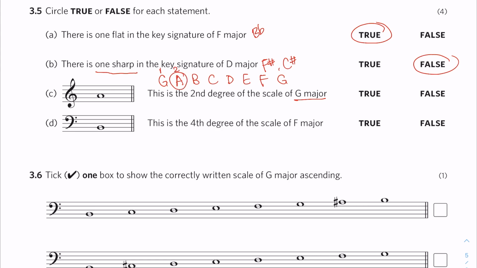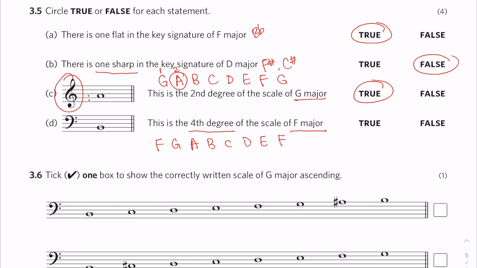The answer would be A. Okay, let's check to see if this is A. This is treble clef, this is F, this is A. Okay, looks like it's correct, so true. Question D. This is the fourth degree of the scale of F major. So again, we start with F. F is the tonic: F, G, A, B, C, D, E, and F.